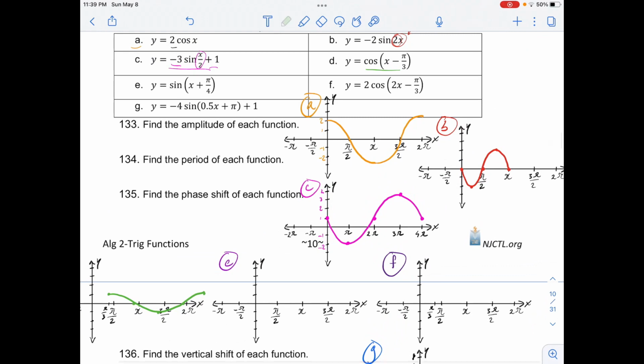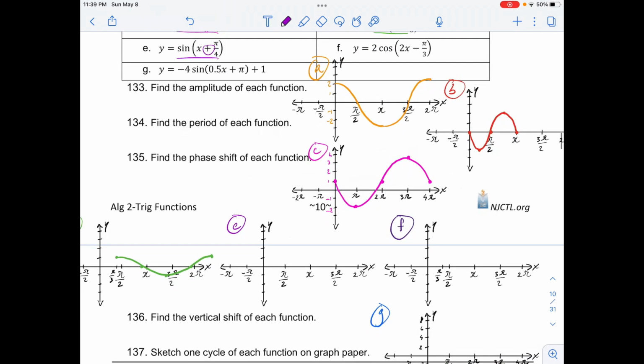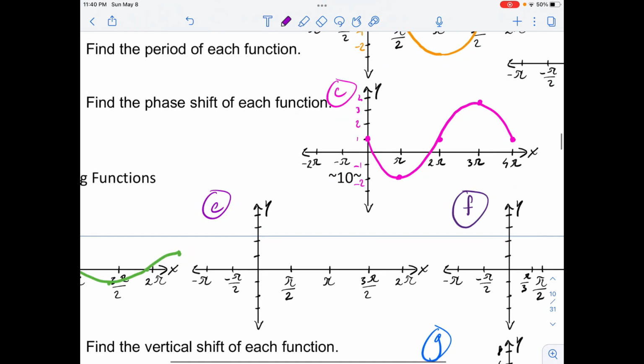Now we have E. So E is just a normal sine, but shifted pi over 4 to the left. So we have pi over 4 to the left starting here. Now we know that our first maximum occurs at pi over 4 comma 1. Then we have another 0 at 3 pi over 4 comma 0.